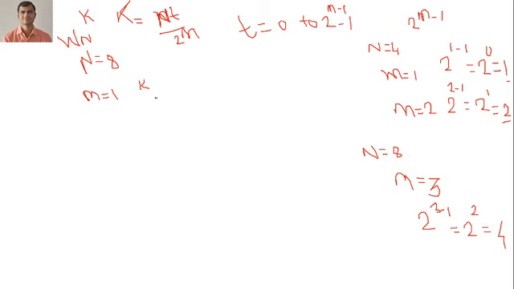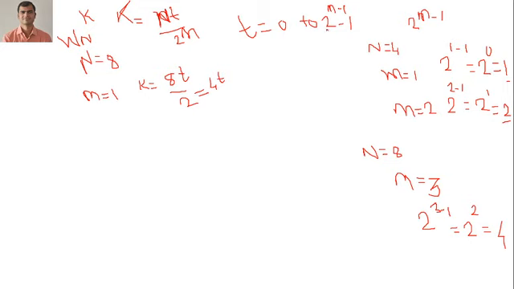So the k formula is known, the value of N is 8. The range of t is not known, we have to calculate. And 2 raised to m, stage is 1, so 2 raised to 1 equals 2, so it equals 4t. And what is the range of t?